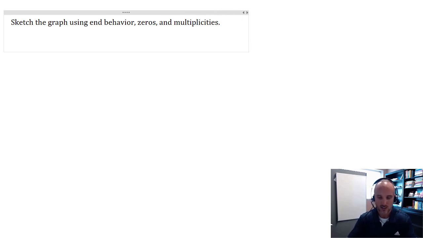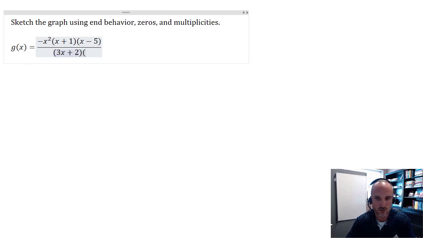Okay. And the function now is g of x equals the fraction where the numerator is negative x squared times the quantity x plus 1 times the quantity x minus 5, and the denominator is the quantity 3x plus 2 times the quantity x minus 5. Okay?